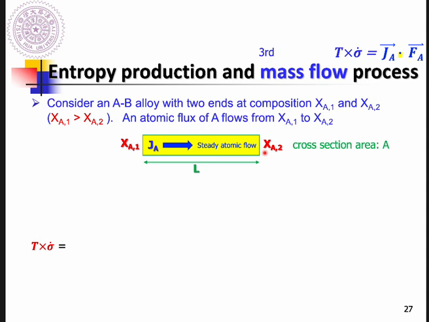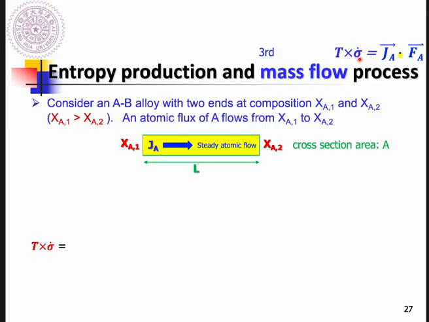As time increases, when it reaches steady atomic flow, this is a steady mass flow process. I also need to demonstrate that under these situations, we can use these equations. The equations can well describe this process and also help you to get the sigma dot, the rate of entropy production.